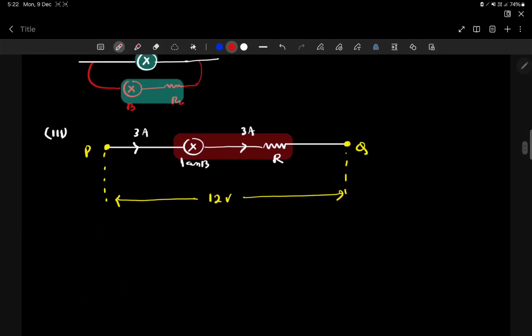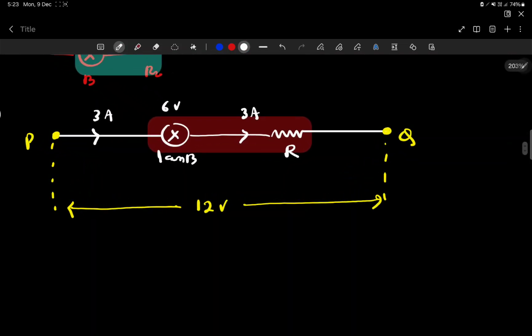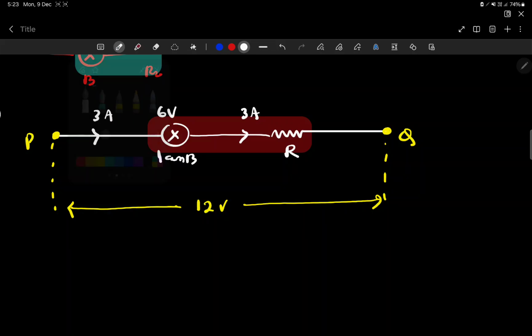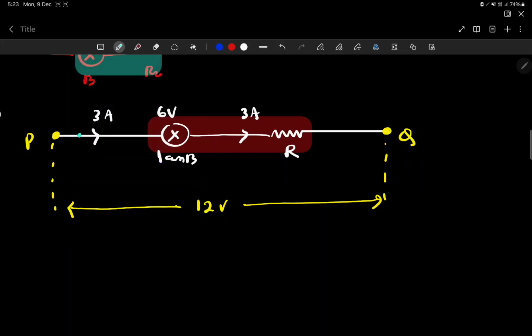So that means for lamp B its potential difference is 6 volt. As per the given question, the potential difference across lamp B, across these 2 points, is 6 volt.